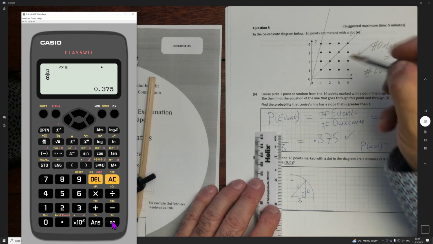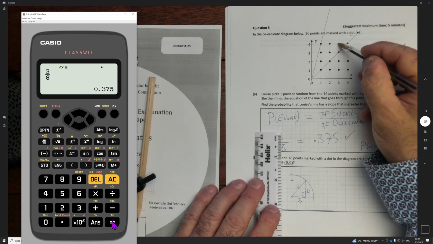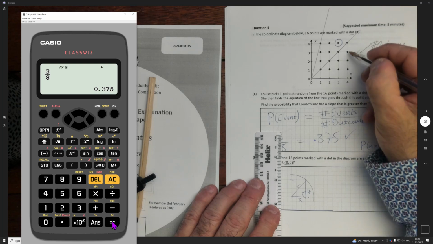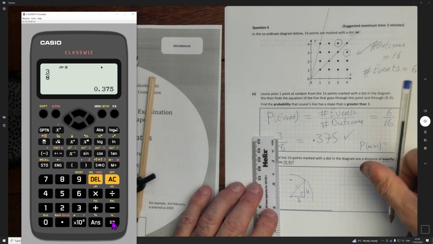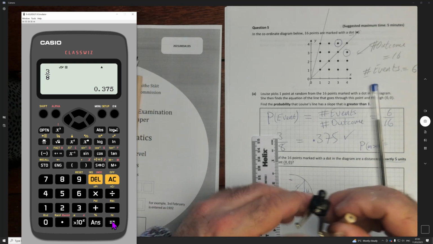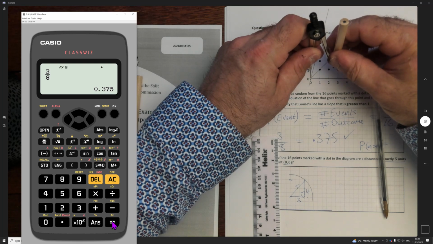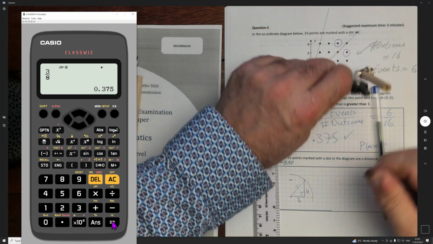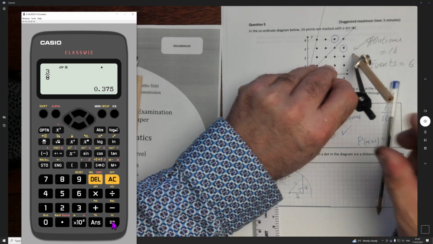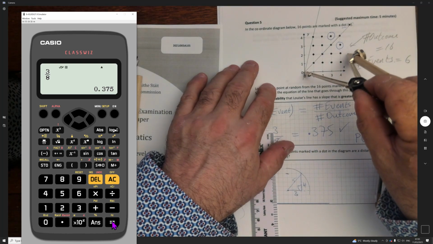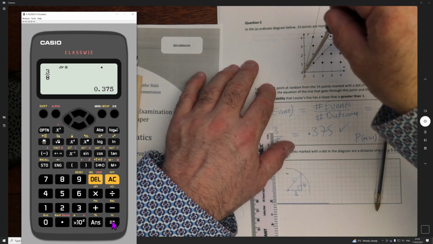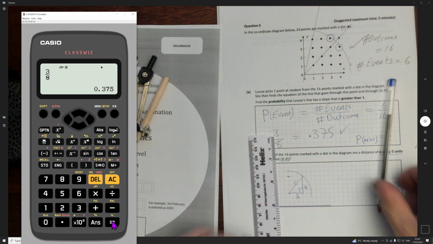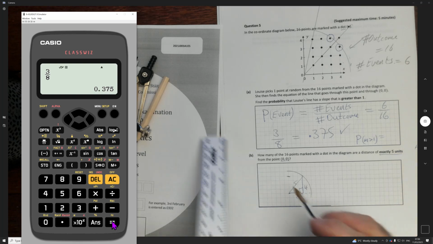So you have to go out 3 and up 4 to that one, or out 4 and up 3 to this one. So both of those will be 5 away. If I just eyeball 5, it'll be about there. And sure enough, if I go from here, scooting up through them, it'll be 5, once I do it accurately.